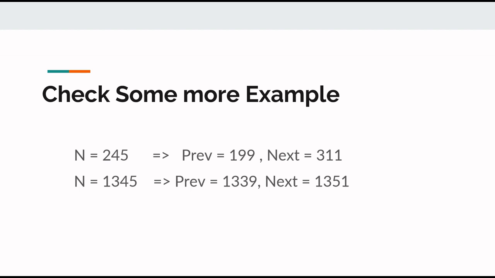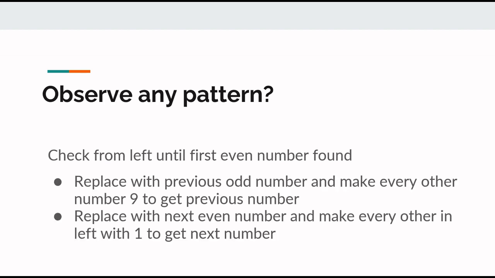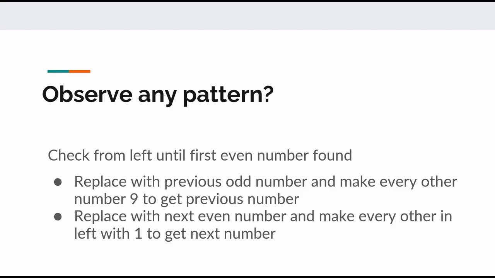Anyway, no number will start with 0. So before 2, 1 is always there, and before 8, 7 is always there. So there is no chance of getting any edge case there. So this is the pattern. I already said that we will replace with the previous odd digit and make the rest 9, and make them 1 to get the next number. So this is it.